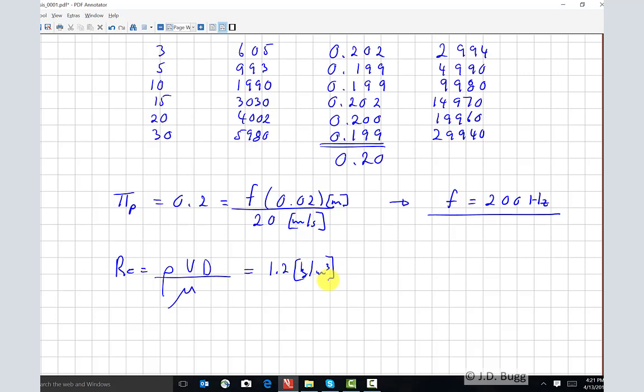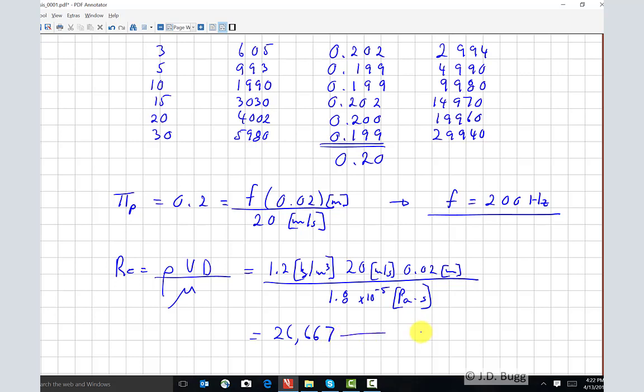The velocity is 20 meters per second for the prototype. And the diameter is 2 centimeters, so that's 0.02 meters. And the dynamic viscosity of air at 20 degrees C is 1.8 times 10 to the minus 5 Pascal seconds. You can get that viscosity and this density from table A3 in your textbook. So when we calculate this out, it comes out to 26,667.